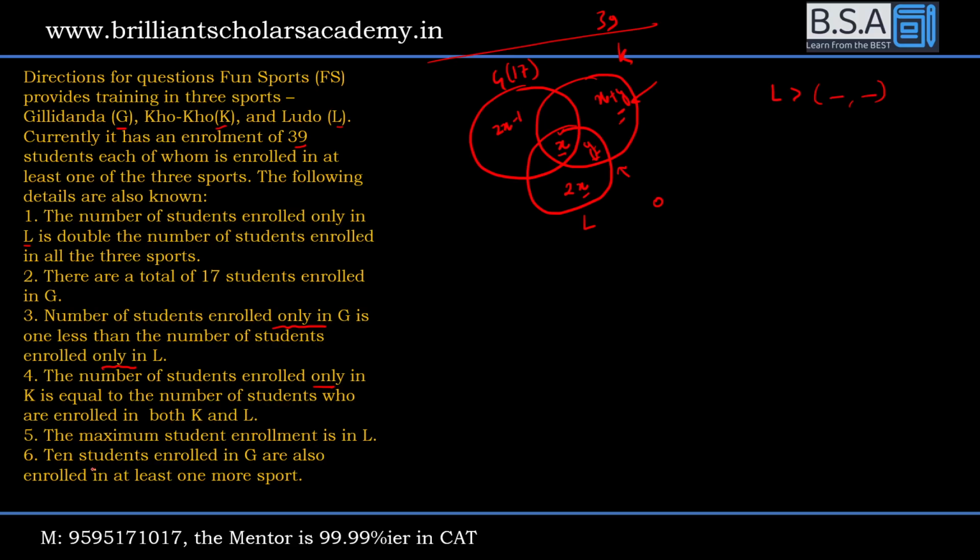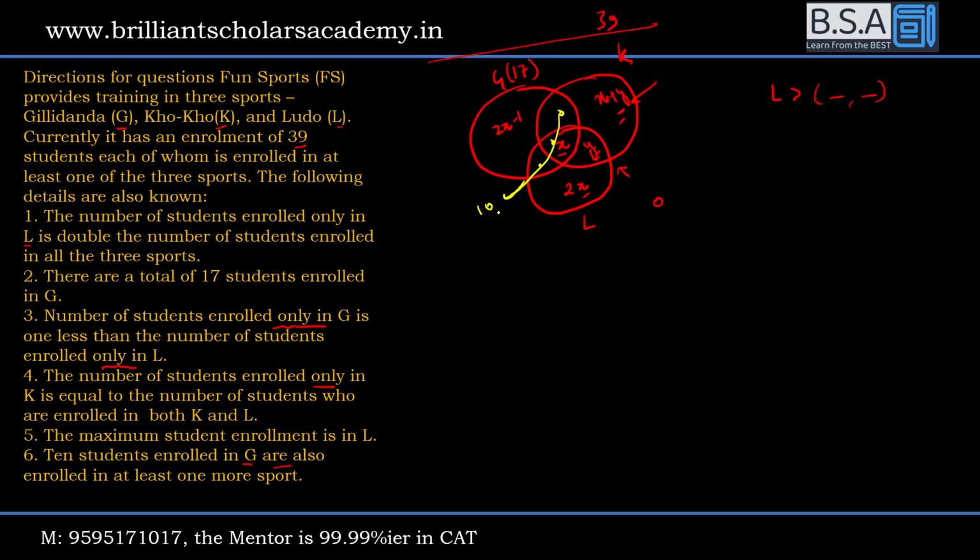10 students who are enrolled in G are also enrolled in at least one more course. So these dots that I'm marking, these people are part of G and K. These people are part of G and the other two. These people are part of G and Ludo. So all three dots combined are 10.